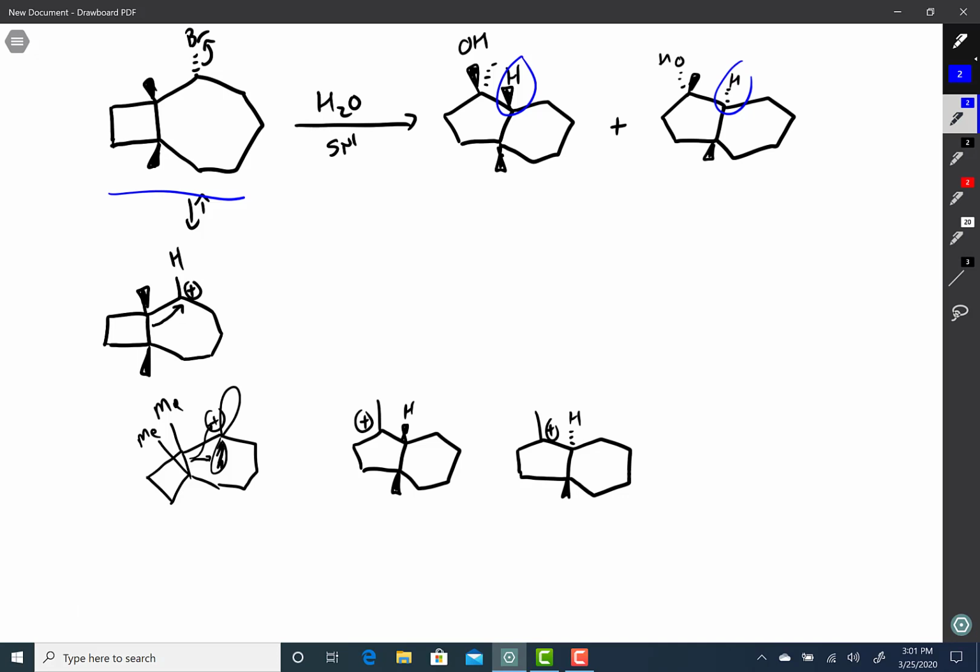You just slide this over, and that essentially connects this carbon here to this carbon. If you want, you can number this. 1, 2, 3, 4, 5, 6, 7, 8, 9.